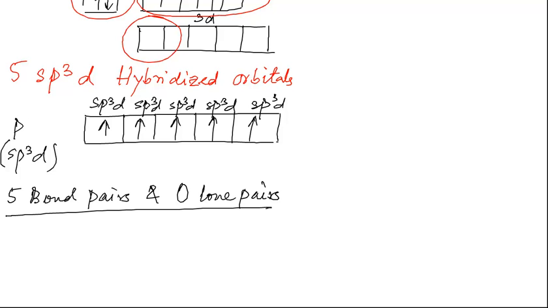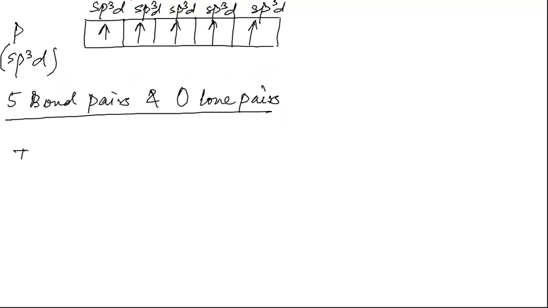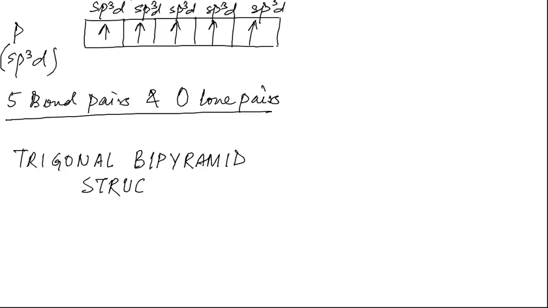So if we draw the trigonal bipyramidal molecule, or the trigonal bipyramid structure, it will be like this.